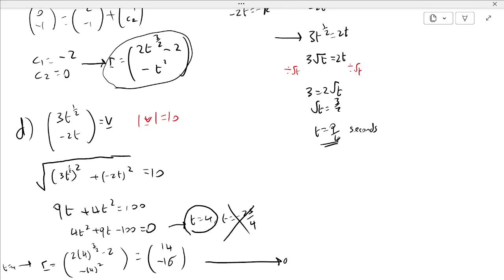And so the distance from the origin is going to be the magnitude of this vector, square root of 14 squared plus negative 16 squared.